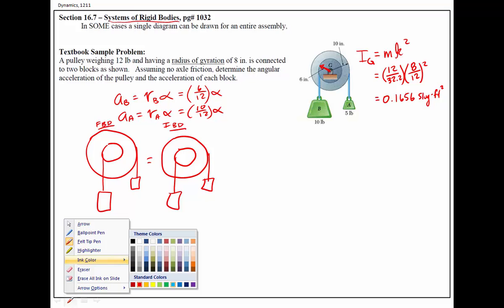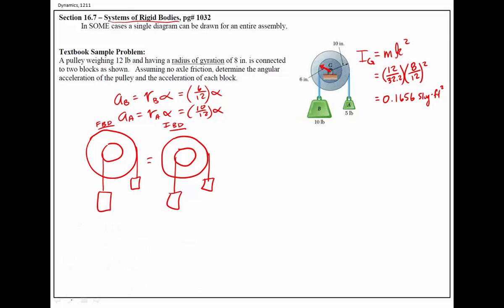Let's go blue. The forces that are being applied onto the free body diagram are the reaction forces Fy and Fx at the pin. And we're going to have 10 pounds at block B. On block A, it's going to have 5 pounds coming downwards.